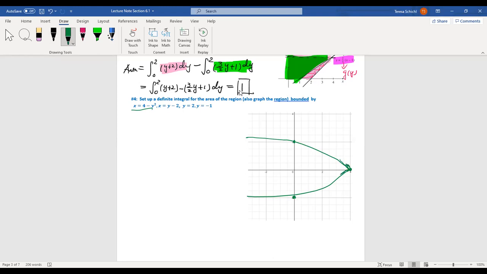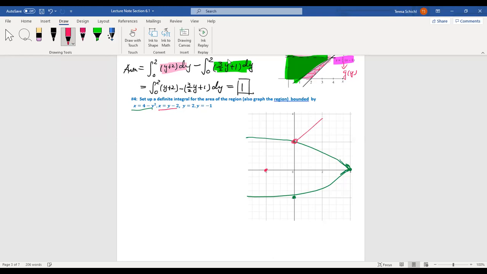Okay, now let's take a look at the next one here. This is x equal to y minus 2. So when x equals 0, y equals 2 is here. For y equal to 0, x equals negative 2.